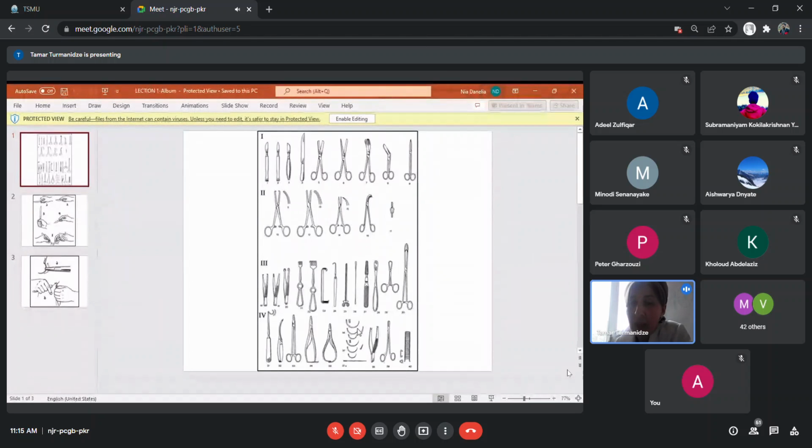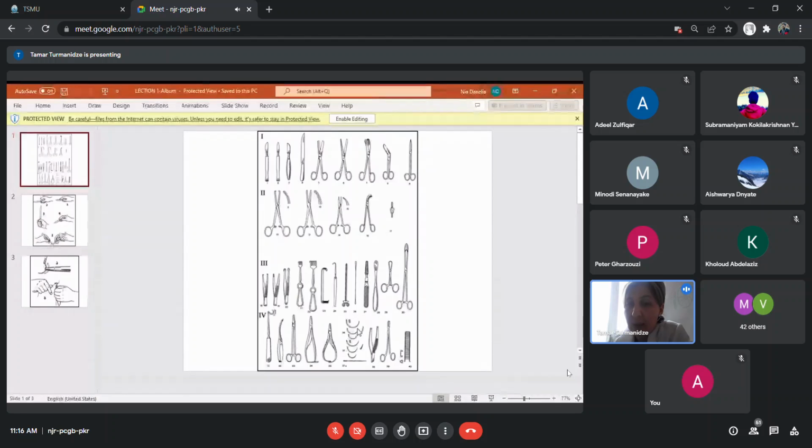It depends on which layer of tissue is sutured, so different needles are used for different tissues. If we suture deeply in the wound, a more curved needle is used. If we suture superficially, a half curved needle is used.